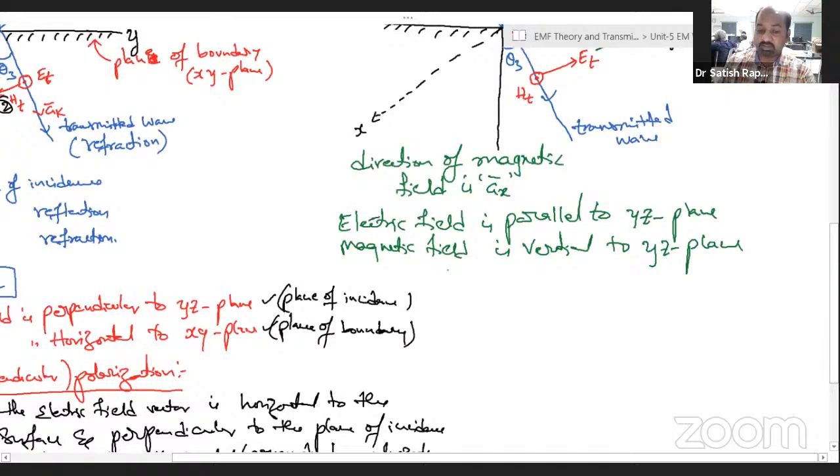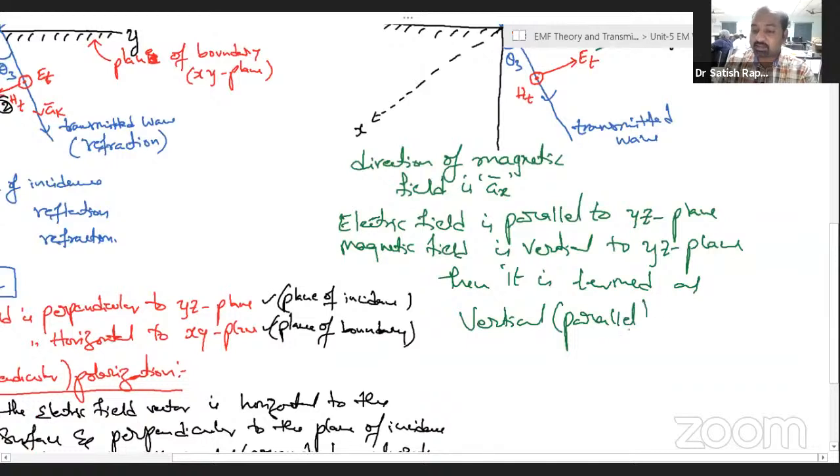So therefore when electric field is parallel to YZ plane, or magnetic field is vertical to YZ plane, then it is termed as vertical or parallel polarization, right?